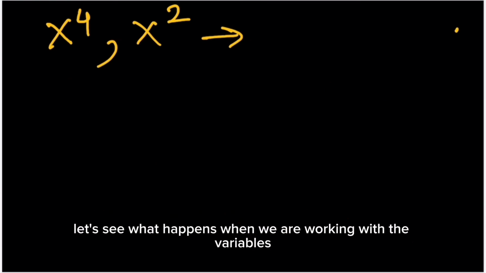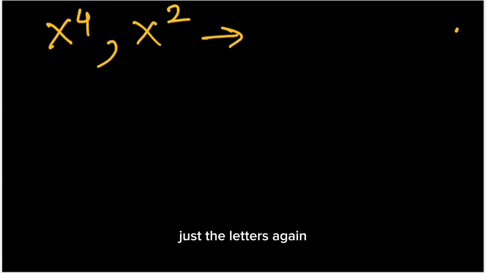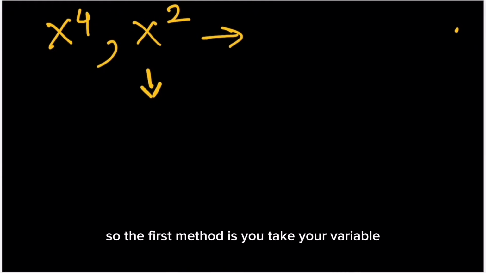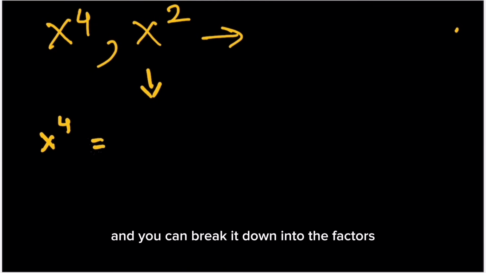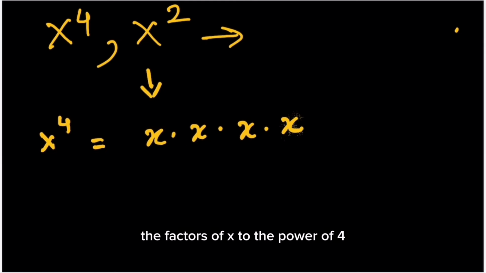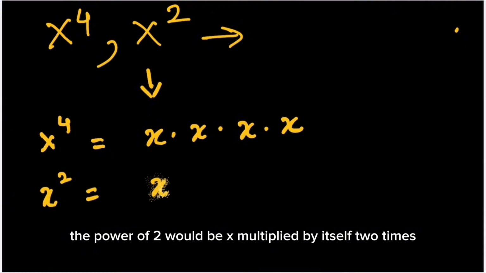Let's see what happens when we are working with the variables, just the letters. Again, two methods of doing this. So the first method is you take your variable and you break it down into the factors. The factors of x to the power of 4 would be x multiplied by itself 4 times, and the factors of x to the power of 2 would be x multiplied by itself 2 times.